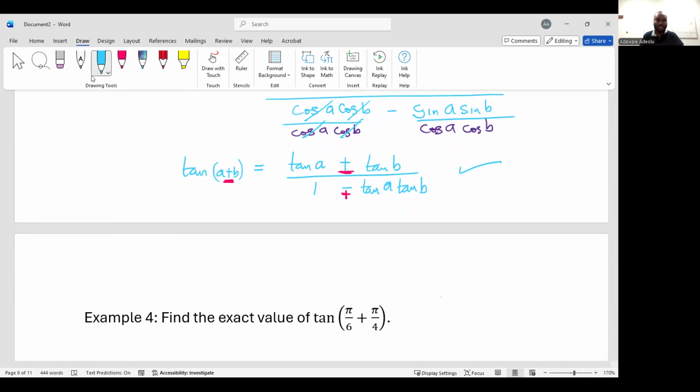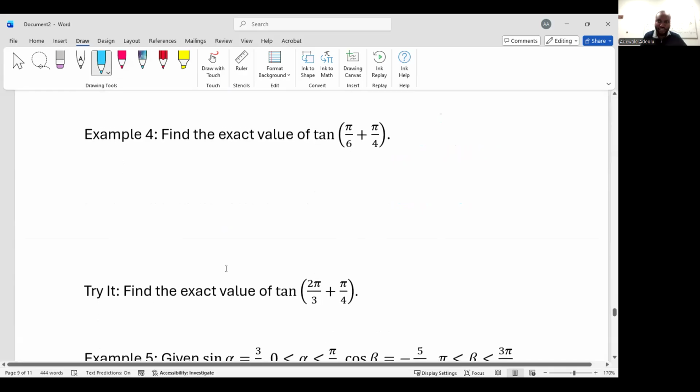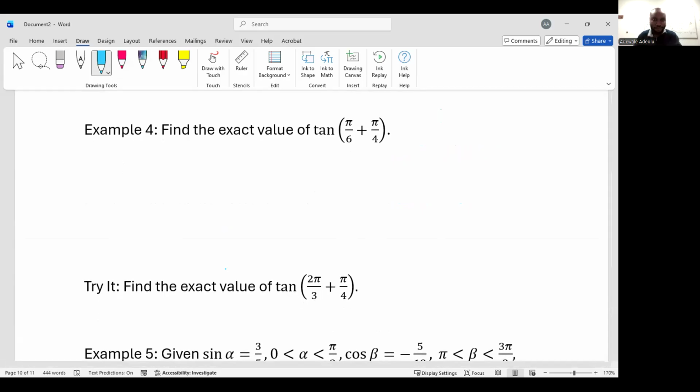So let us take an example and try to end this class. Find the exact value of tangent of pi over 6 plus pi over 4.